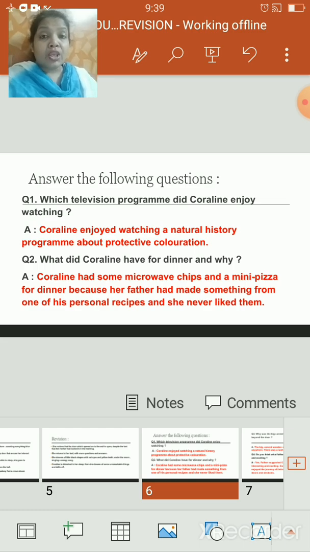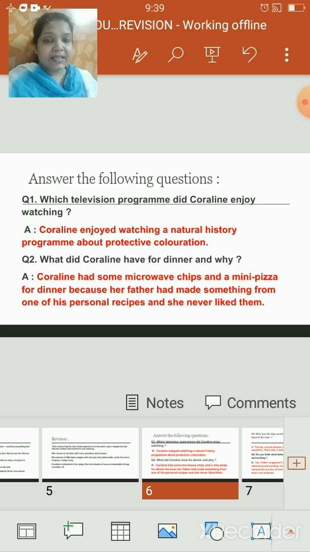No, you have to frame a complete sentence. You have to state: Coraline enjoyed watching a natural history program about protective coloration. Yes, so this is the correct answer. I repeat the answer once again. Coraline enjoyed watching a natural history program about protective coloration.